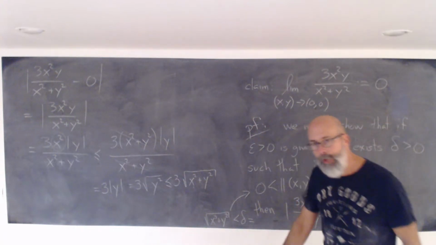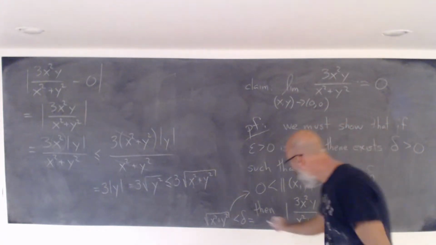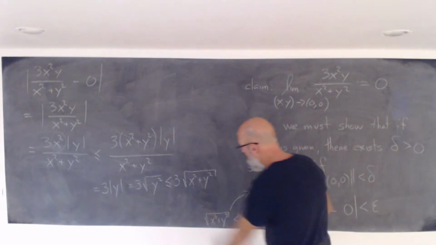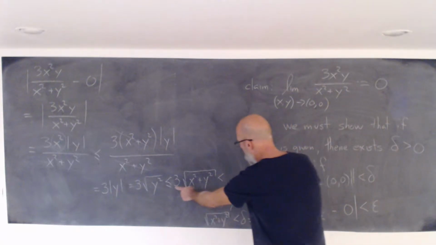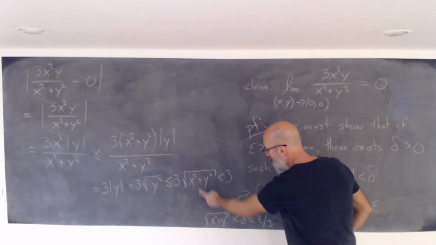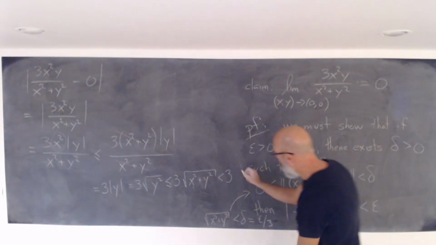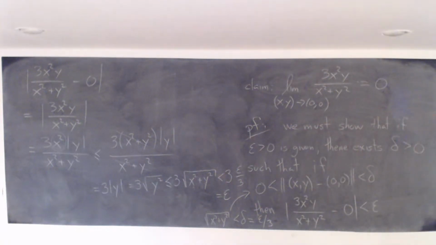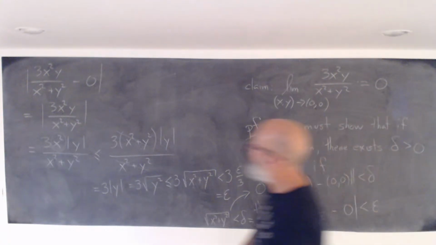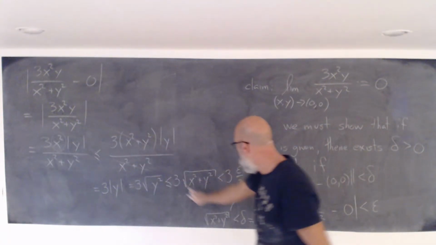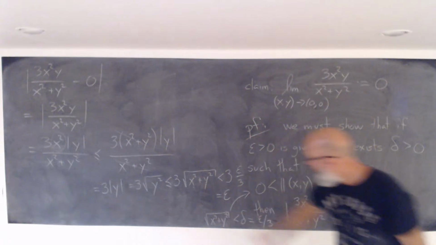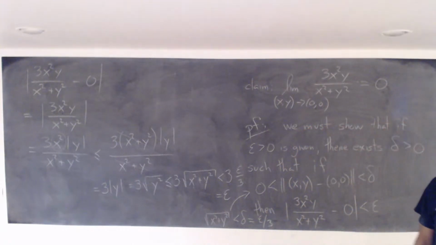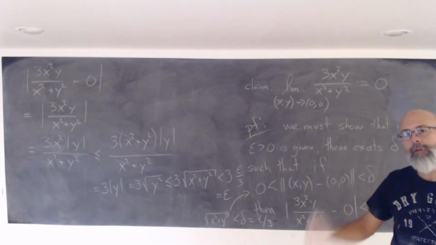You're going to take delta to be epsilon over 3, so that this is less than, the 3 stays there, epsilon over 3, and you're done. This thing is made less than epsilon if you choose delta to be epsilon over 3. That's it.